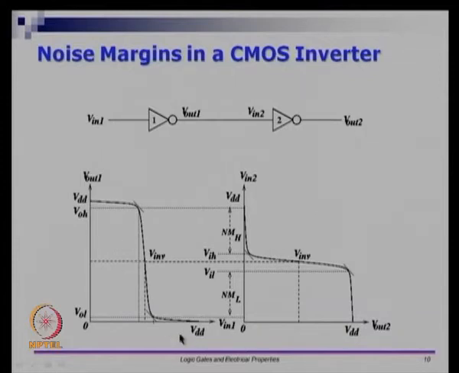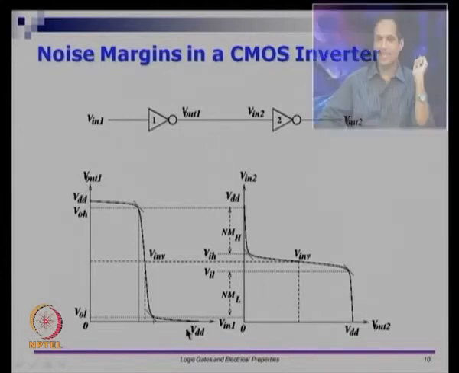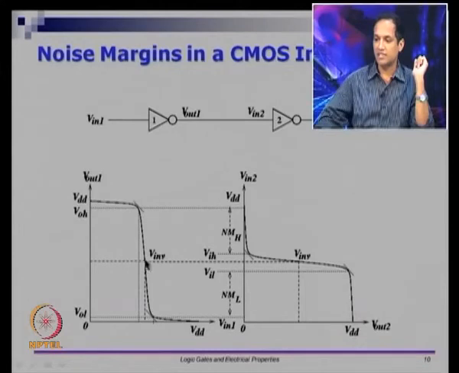So let us see the transfer characteristics of V out 1 with respect to V in 1. So we have V out 1 in the y axis here and V in 1 in the x axis here. The transfer characteristics I already said would resemble something like this. This kind of waveform is just pictorial, but this is what you would get if you design a circuit nicely.